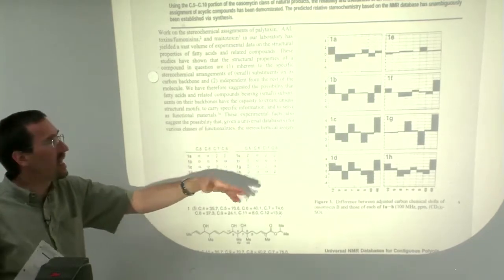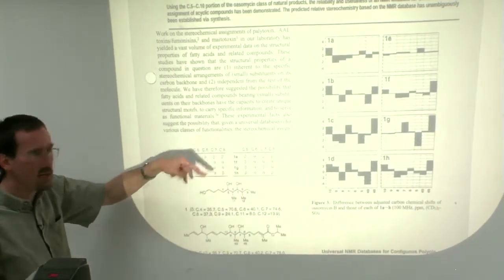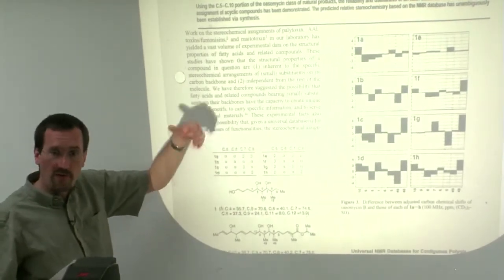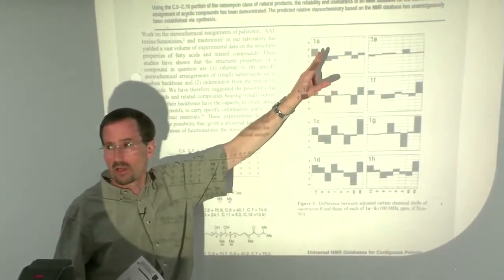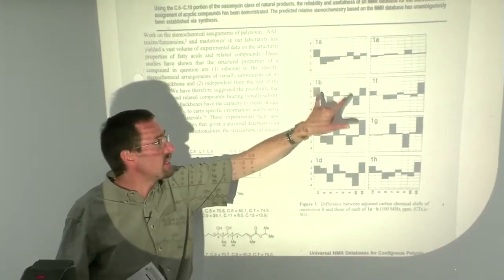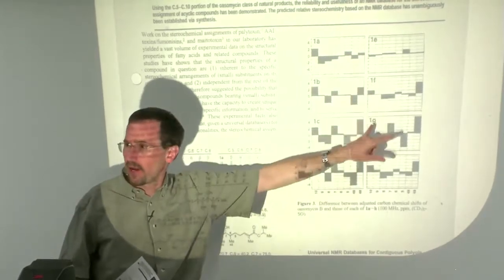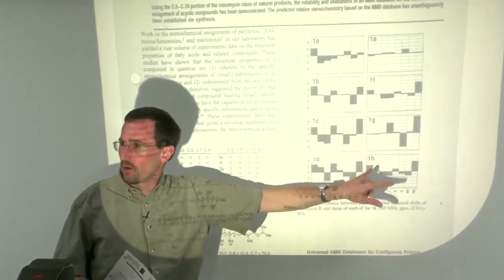And so then they took the average value and they said, if you compare it to the average value, you have a fingerprint where certain ones are shifted upfield, certain ones are shifted downfield. And each of the possible stereoisomers has their own pattern.